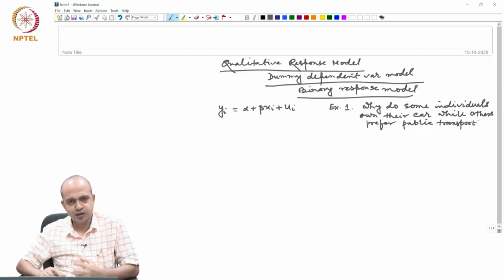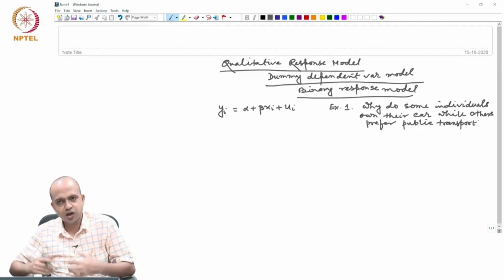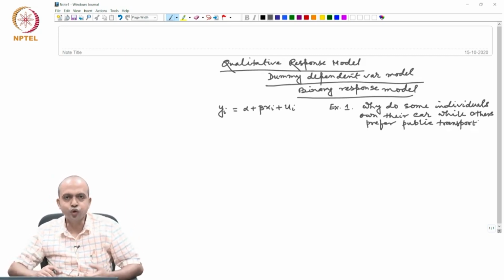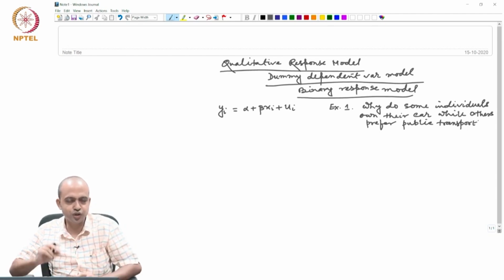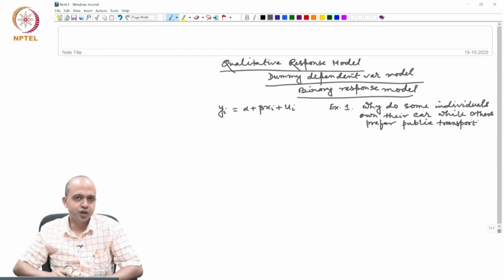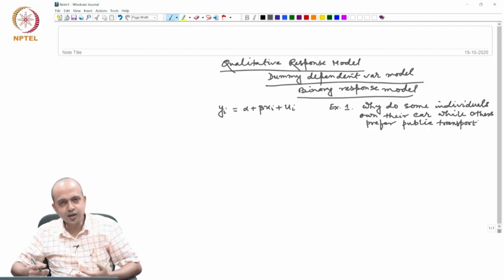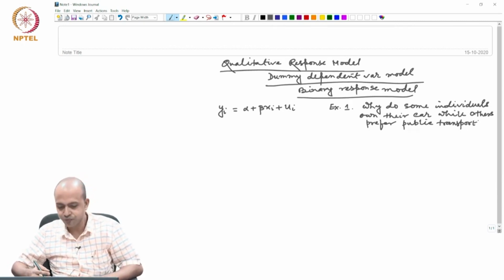So, you are going to explain the factors that can explain the car ownership, right. When you go to individuals, you will ask, do you own a car? They will say either yes or no, right. So, this is a qualitative information. That yes or no information you have to translate into a quantitative format by assigning, let us say, 1 for yes and 0 for no. So, y equals 1 indicates the ith individual is having a car, y equals 0 indicates the household does not have a car, right.